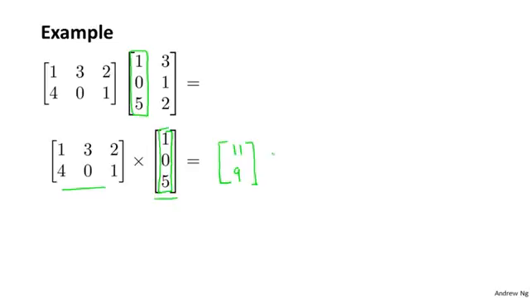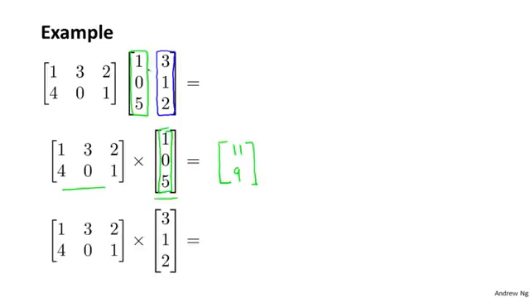And then the second thing I'm going to do is pull out the second column of the matrix on the right, and take the matrix on the left and multiply it by that second column. Again, this is a matrix vector multiplication step, and if you multiply this matrix and this vector, you get 10, 14.